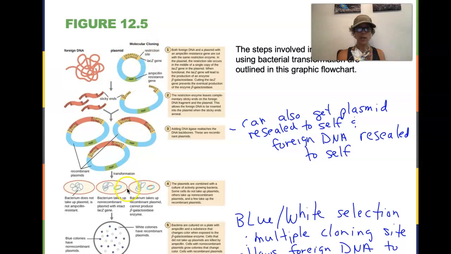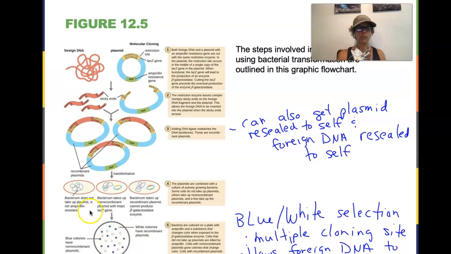They will chow down on the lactose and they turn blue. But if they have the foreign DNA interrupting the LAC-Z gene, they will eat other food in the media, but they can't eat the lactose. And so they don't have the enzyme for that. They don't change the colors, and we end up with white colonies.